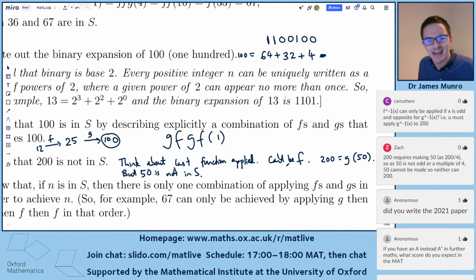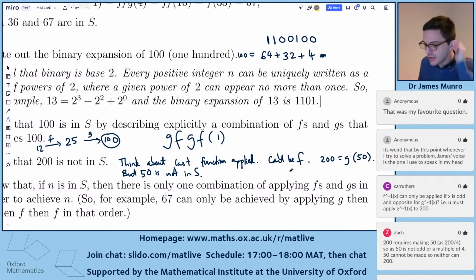Well, your last step wasn't an F because 200 is not odd. So it must have been a G if hypothetically you'd done this. G of 50. 50 is not an S. Here's why. Because think about the previous function, so like the one before last.